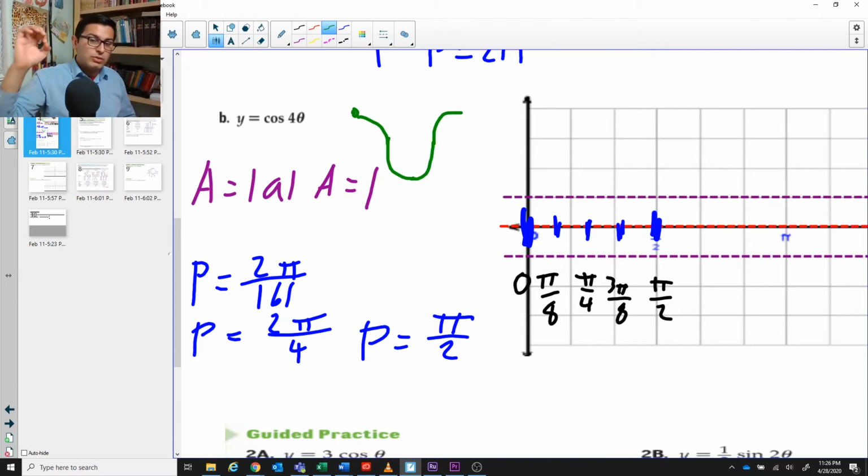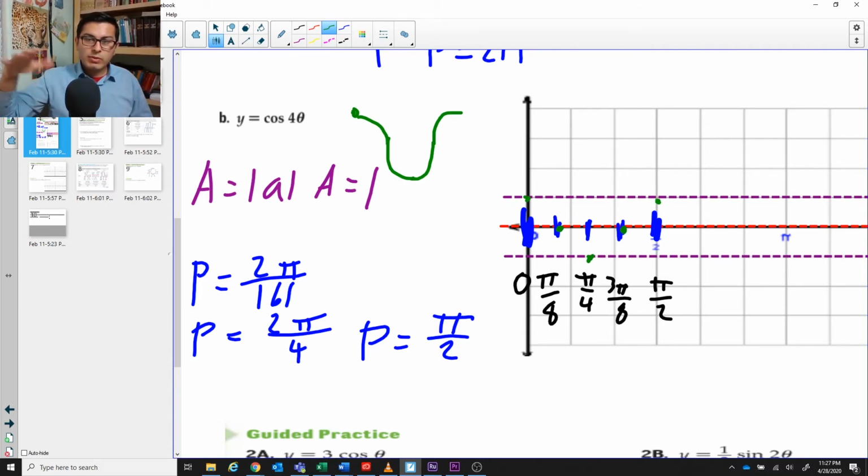So let's do those points. First, I start at the maximum. Then I'm going to go to the midline, and then down to the minimum, and then back to the midline, and then to the maximum.